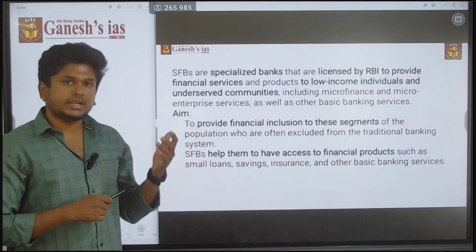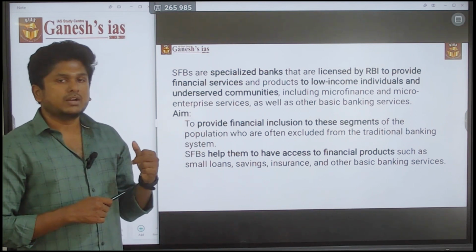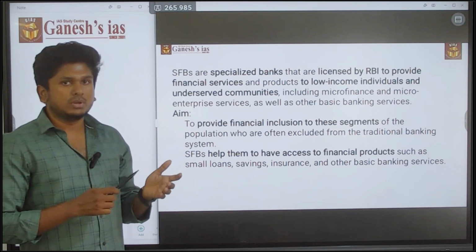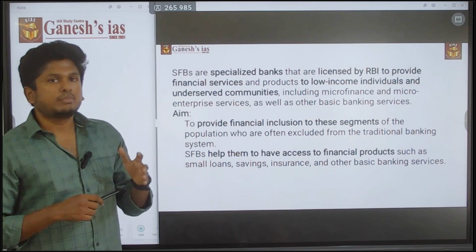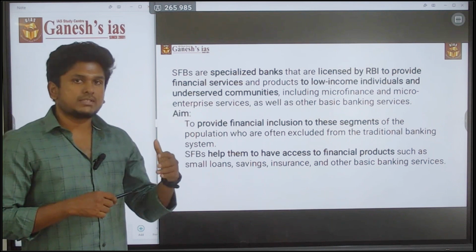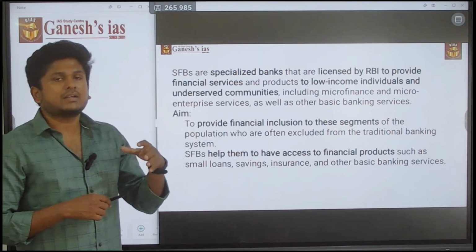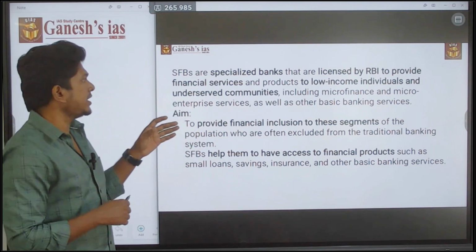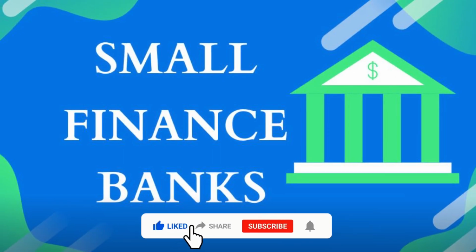They also created the cooperative banks and regional rural banks. The motive is the same, but the way of processing and their names have certain changes. Here it is a small finance bank, a specialized bank.